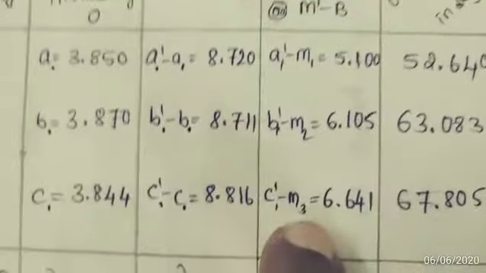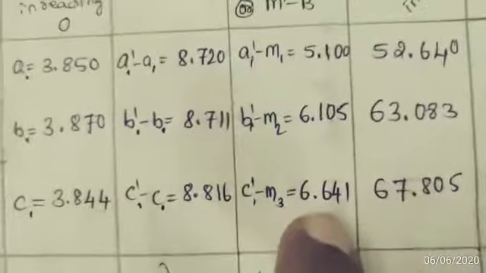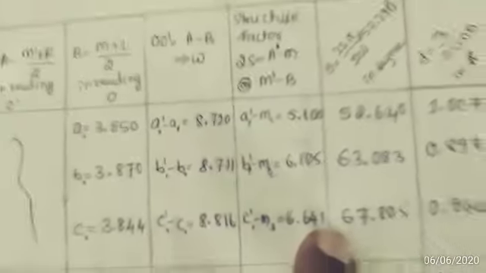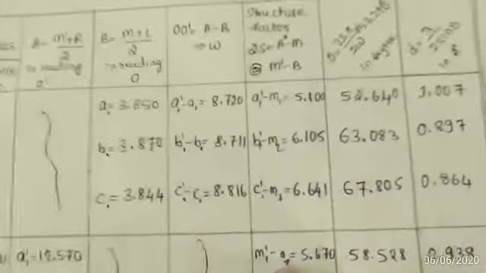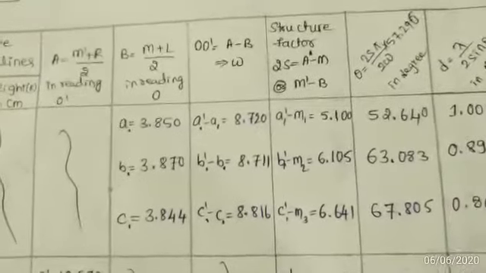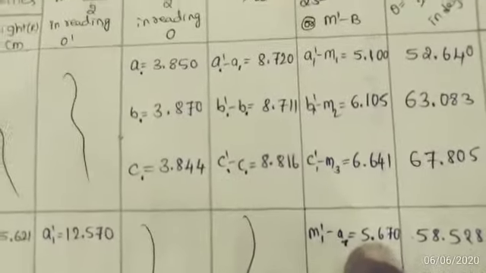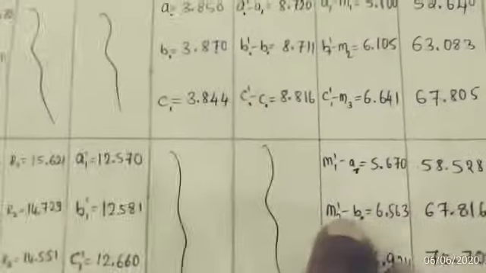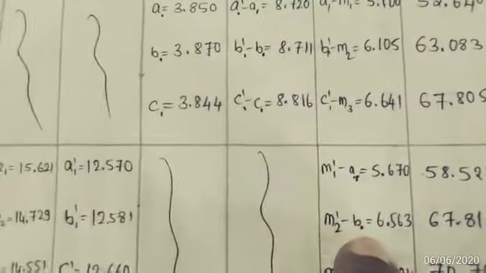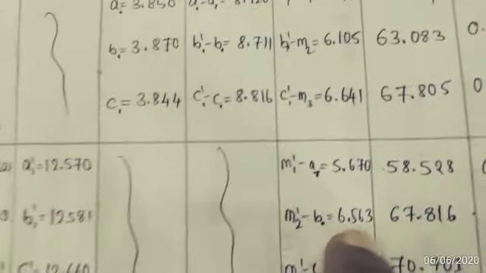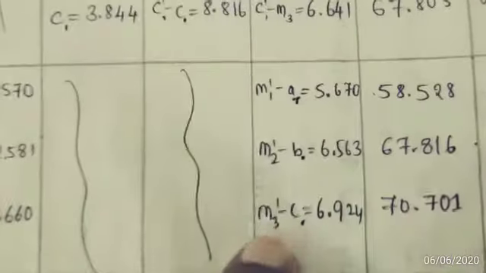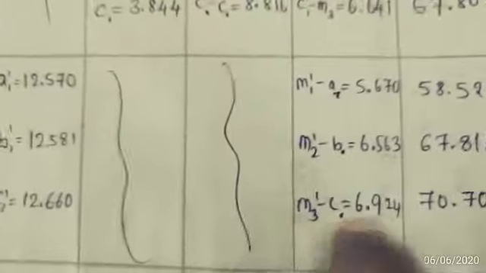C1 dash minus M3 is equal to 6.641. Next, M1 dash minus A1 is equal to 5.670. M2 dash minus B1 is equal to 6.563. M3 dash minus C1 is equal to 6.924.